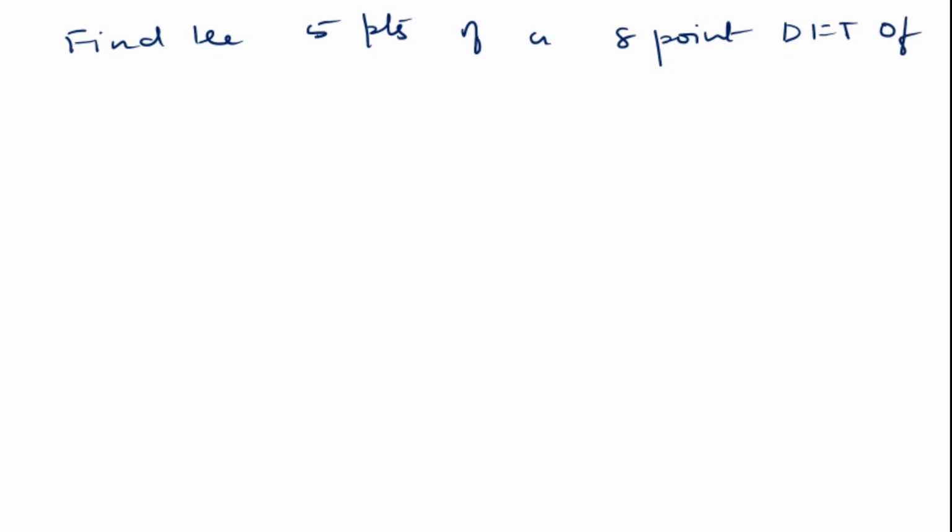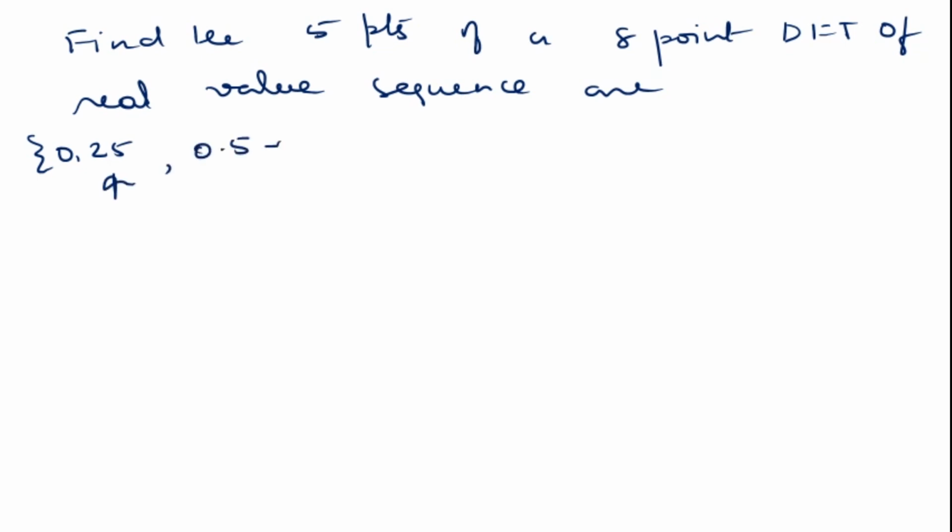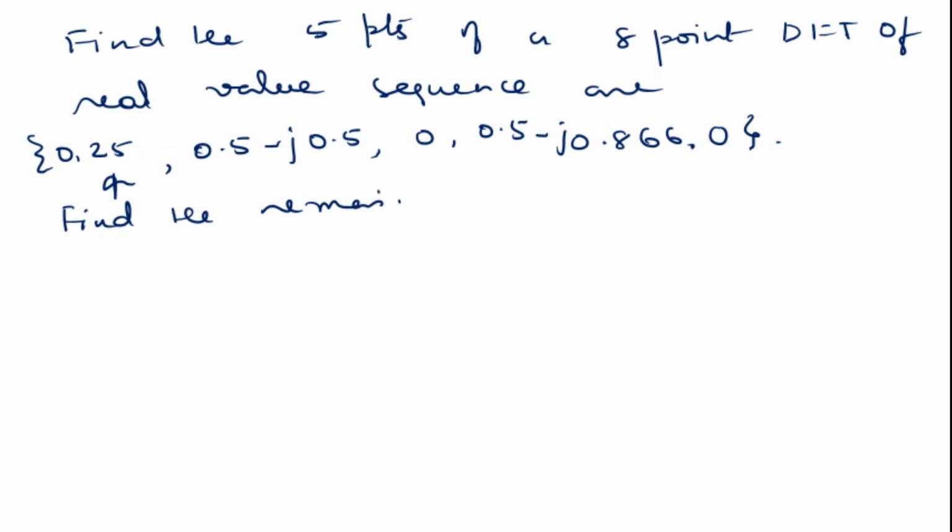First problem: find the remaining points of an 8-point DFT of a real value sequence, where the first five points are 0.25, 0.5 minus j 0.5, 0, 0.5 minus j 0.866, 0.